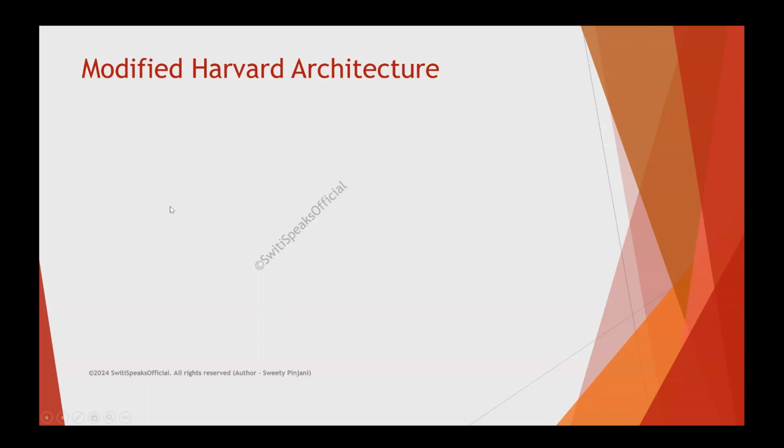As the name suggests, modified Harvard architecture means the basis is Harvard architecture, but we have modified something. Let's see what we have done. Modified Harvard architecture means we are trying to loosen the strict separation between data and code. Code means instruction.